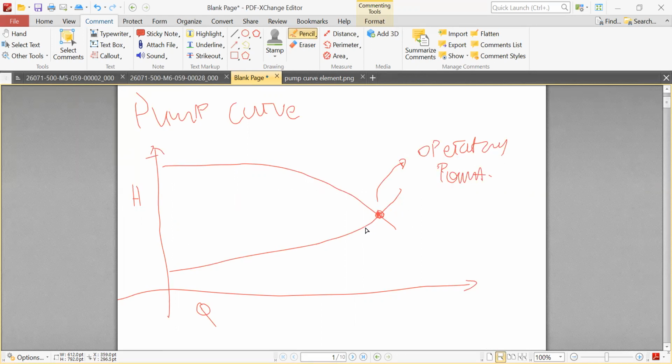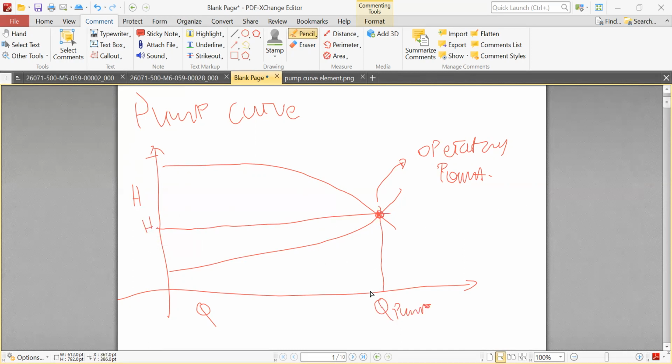So you can operate your pump at this point. For this point we can read the head, as well as the capacity of the pump. This is the capacity of the pump, and this is the head.